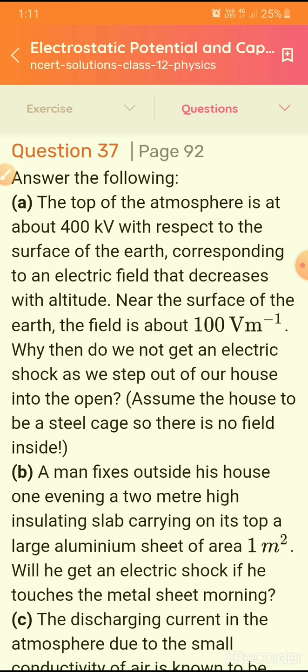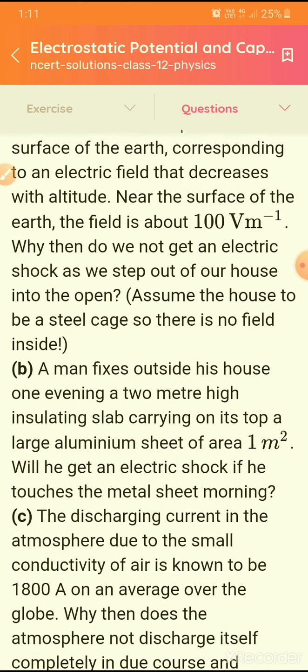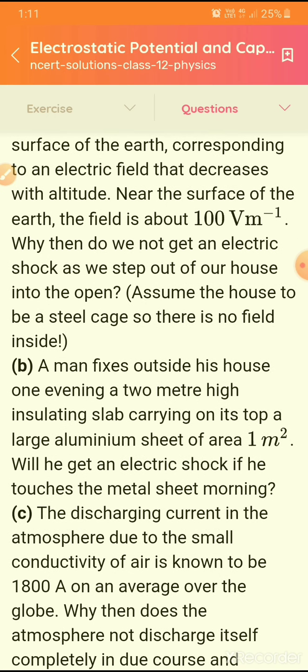Okay, so question B: a man fixes outside his house one evening a 2 meter high insulating slab, carrying on its top an aluminium sheet of area 1 meter squared.